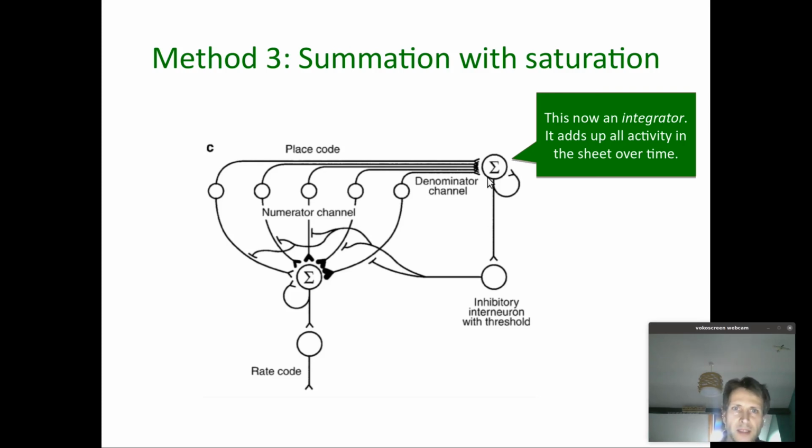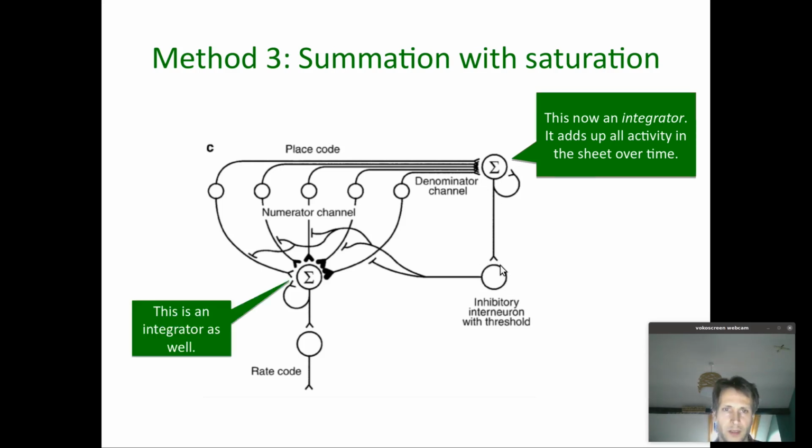It's not just adding up the instantaneous activity in the place code, but summing up all the historical activity in that input layer. It does that with this recurrent connection back here. As soon as this neuron gets going, it feeds back on itself and keeps itself going by that amount. Then we feed the output of the integrator into this inhibitory interneuron.